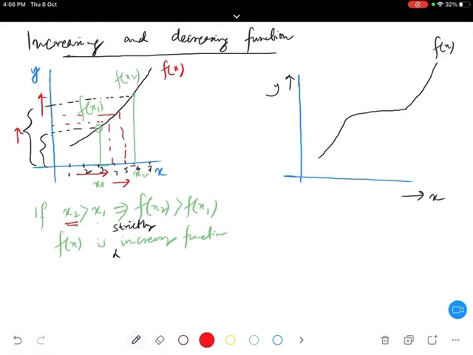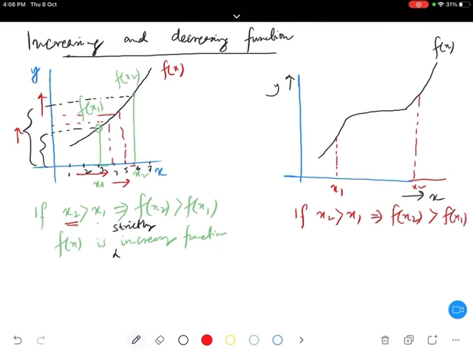Now look at here. Let us take 2 points. Let us take x1 in here and x2 in here. Now say x2 is greater than x1, which implies f(x2) is greater than f(x1).